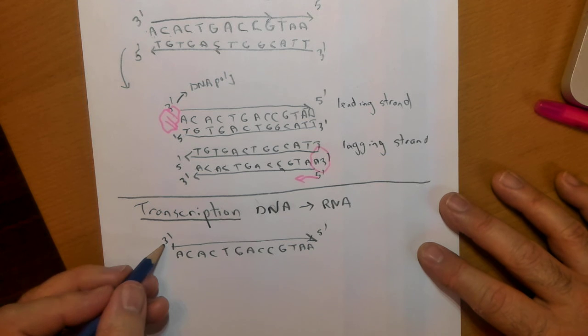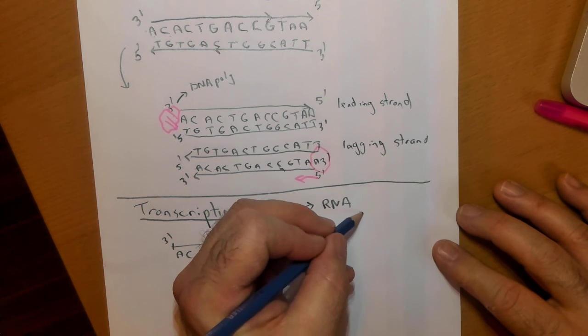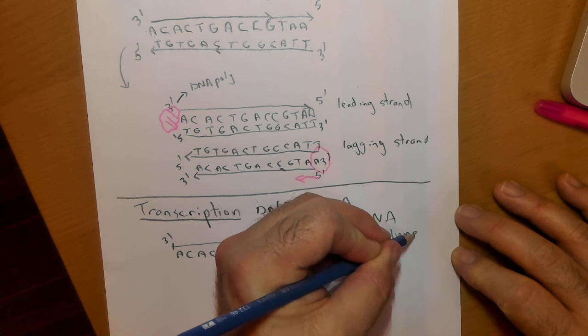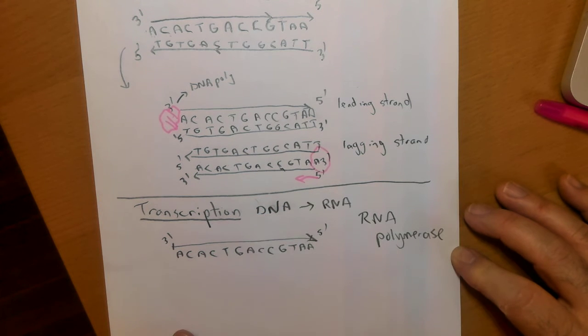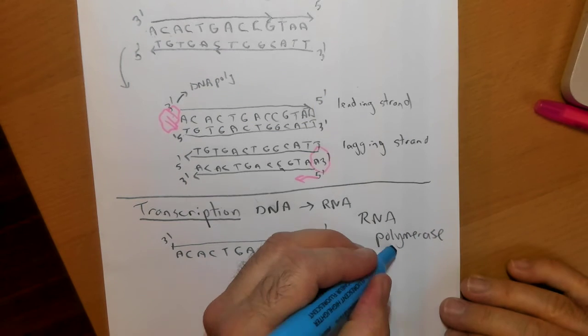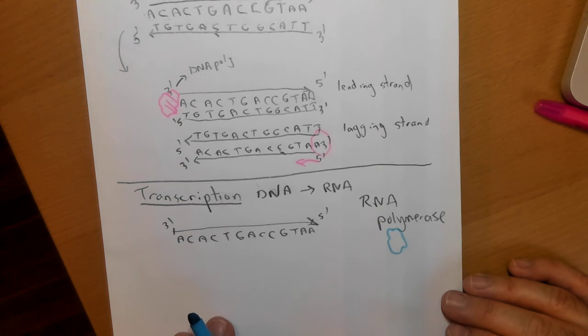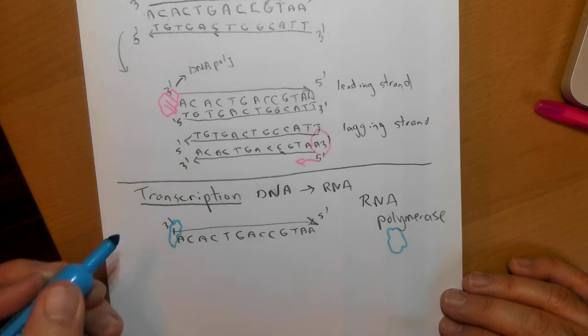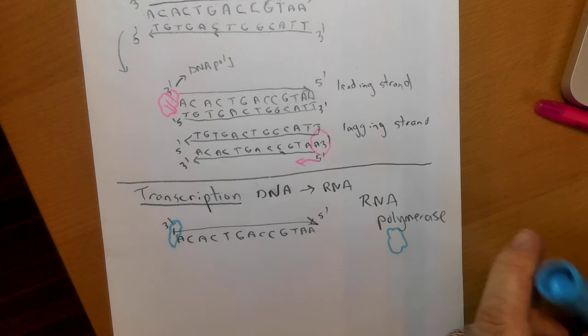Okay? So the enzyme that does it is called RNA polymerase. I'll use a little blue dot like that. RNA polymerase starts somewhere on the DNA, and it's more complicated. We'll get into all those details later.